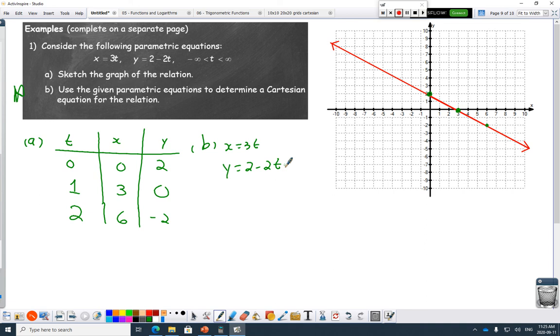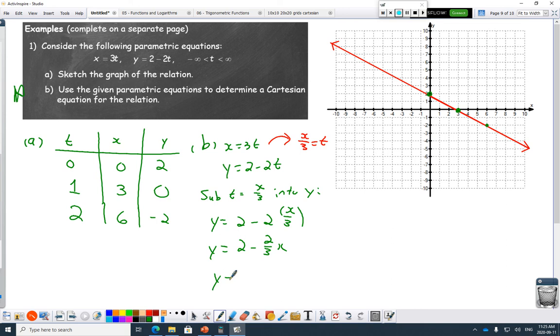Which one's going to be easier to solve for? I think the first one. I'm just going to do a little rearranging here. X over 3 equals t. Sub t equals x over 3 into y. Y equals 2 minus 2 times x over 3. A couple of moments later, I've got my old friend.